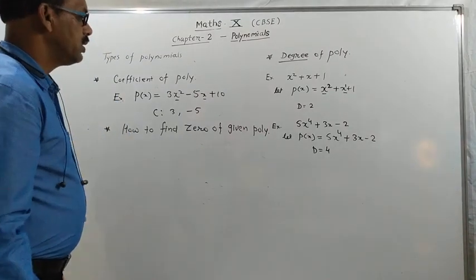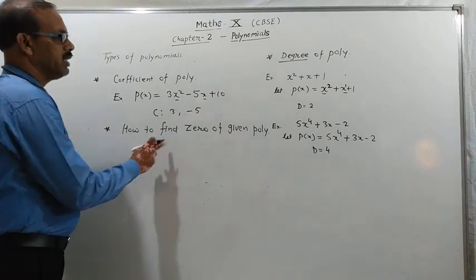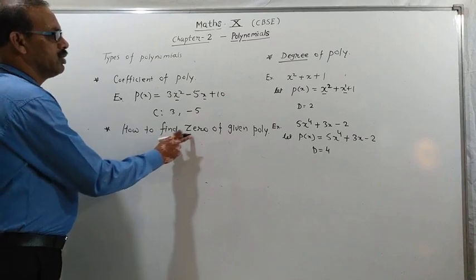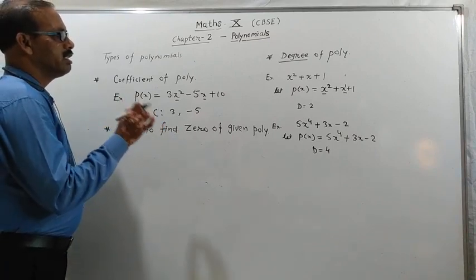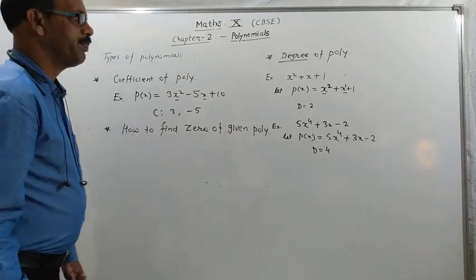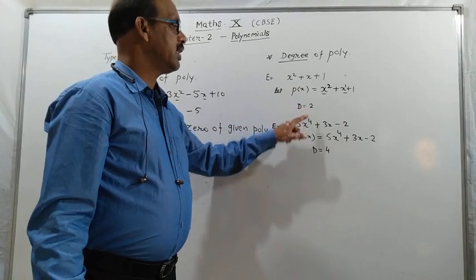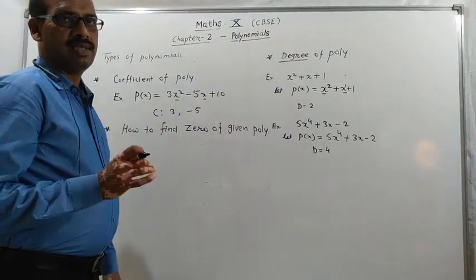We studied this topic in the 9th standard, but just for a recall, how to find the zero of a given polynomial. To find the zero, whatever polynomial is given, first check the degree of the polynomial. This degree decides the number of zeros of the given polynomial.